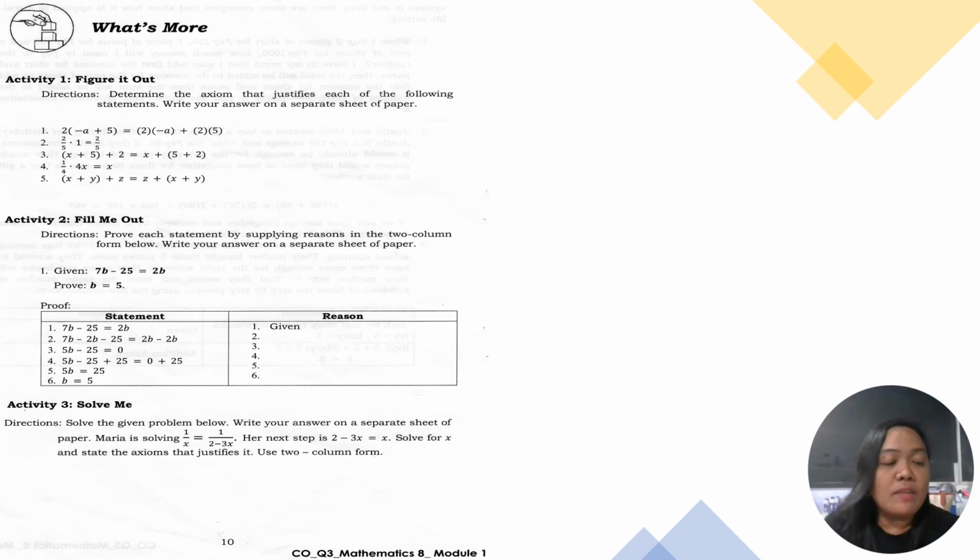Again, for activity number 3, you make your 2-column form proof. You make a proof, okay, to justify the steps done by Maria in problem number 3. Okay? So, I'll leave you to it to make a 2-column proof for activity number 3. You may begin.